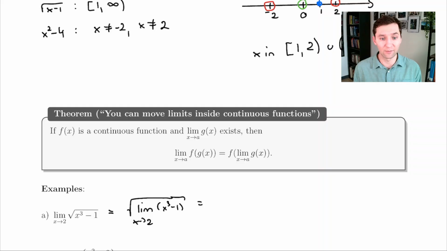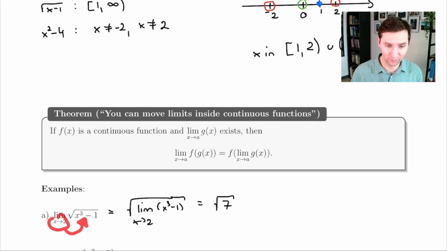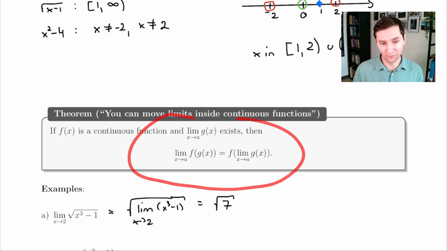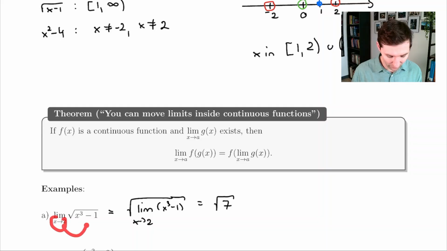To compute the limit inside of the square root, I simply use the direct substitution property. This is a polynomial. I plug in 2 to this expression, I get 7, so I get square root of 7. You could say that I would have obtained the same answer if I simply plugged in 2 to this expression. And indeed, sometimes this theorem will tell you that you can simply plug in the number to the given expression. However, it will not always be the case.